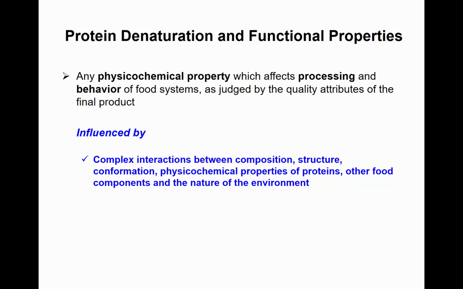So it would be interaction with other food components like sugars or fat in the system or water. And of course, the nature of the environment: pH, ionic strength, temperature, solvents. Like I said, in simple terms, it is influenced by intrinsic factors and extrinsic factors that we talked about already.